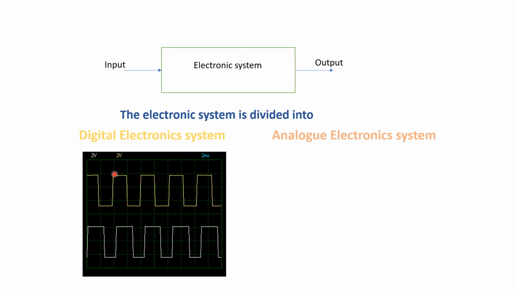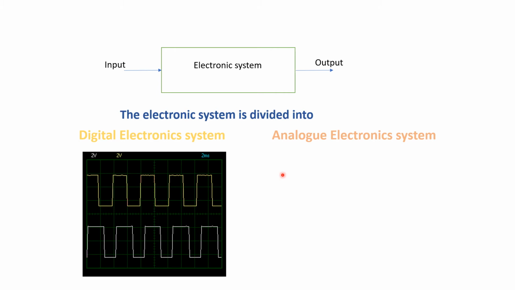And again, whenever we provide supply, the LED will provide the light. So if you draw these characteristics, it will change the transition from high level to low level and low level to high level. So this is how digital electronic characteristics look.